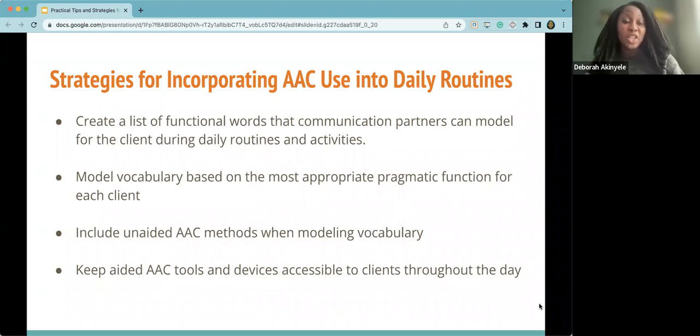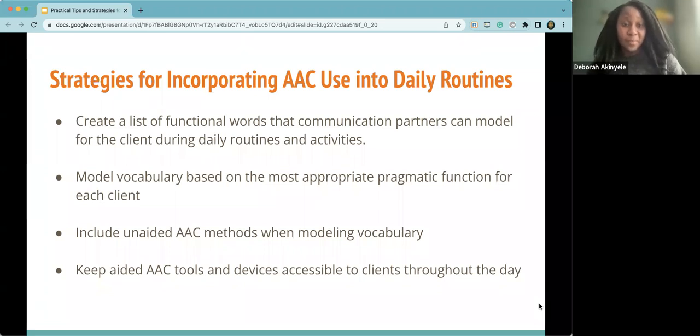In conjunction with opportunities where it's being used for communication, the client really gets a chance to learn that they can use it for communication, and they can also play around with it and learn a little bit more about how it works, which is really important for building their cognitive skills, and their ability to navigate independently through all the different screens and buttons of the device.